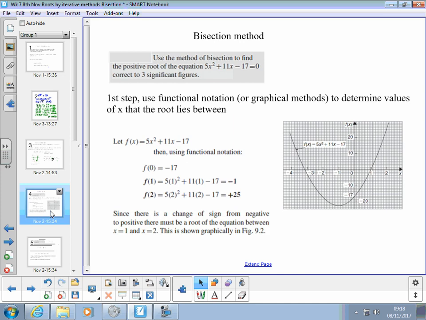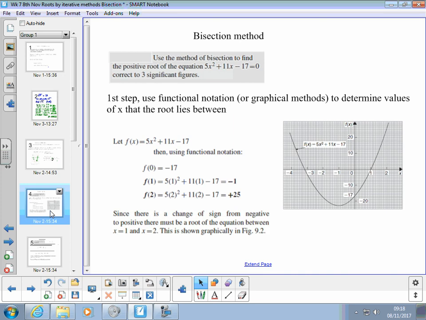So, looking at a full example of how this process works. To find the positive root of the equation 5x squared plus 11x minus 17 is equal to 0, we're going to find it correct to 3 significant digits.